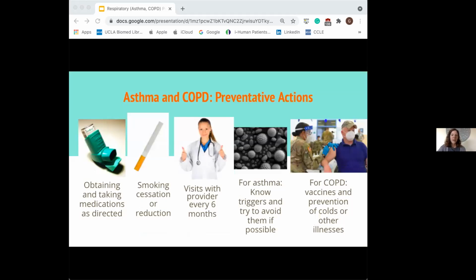What are some actions that you can take to help prevent asthma and COPD exacerbations? One is obtaining and taking medications as directed by a provider. And this looks different for everybody. Some people might only have a rescue inhaler for exacerbations, but other people might have a daily pill or a long-acting inhaler that they use daily.